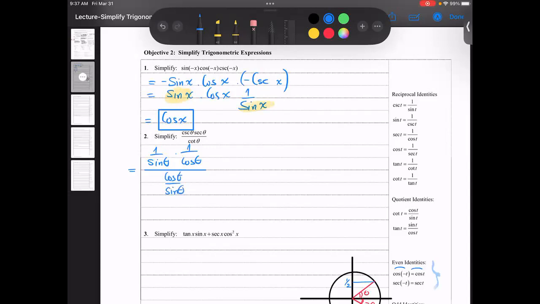Most people get that far, which is good. On the top, it's the same thing as 1 over, when you multiply two fractions, sine theta times cosine theta, right? And then if you divide a fraction, you flip and multiply, so times sine theta over cosine theta. Everybody okay with that part?